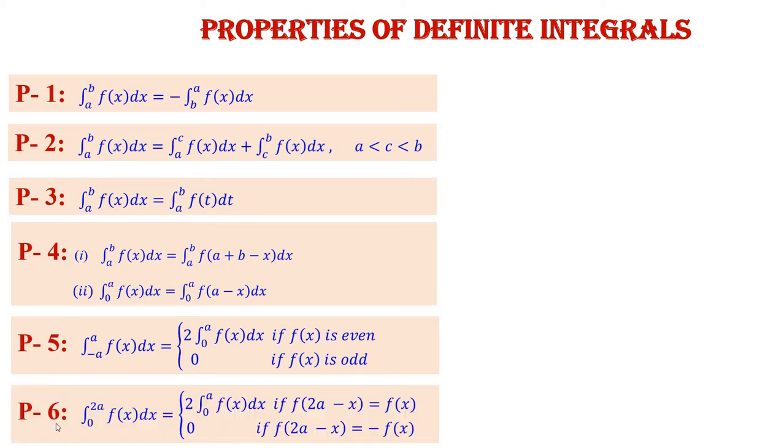Then the last one, integral 0 to 2a f of x dx is twice integral 0 to a f of x dx if f of 2a minus x is f of x, and it is 0 if f of 2a minus x is minus f of x. So whenever we make use of this property, we'll have to check whether this one is satisfied. If this is satisfied, the value will be twice integral 0 to a.